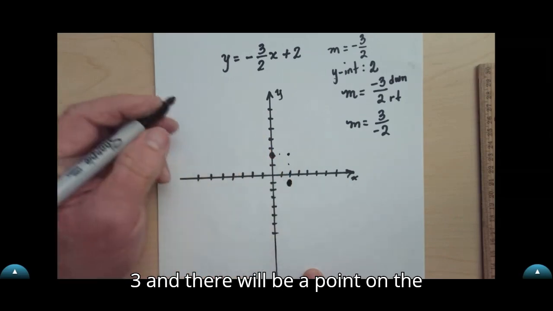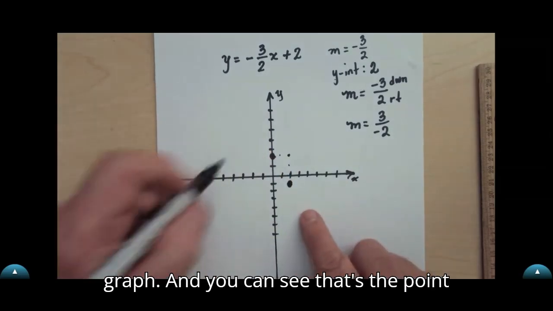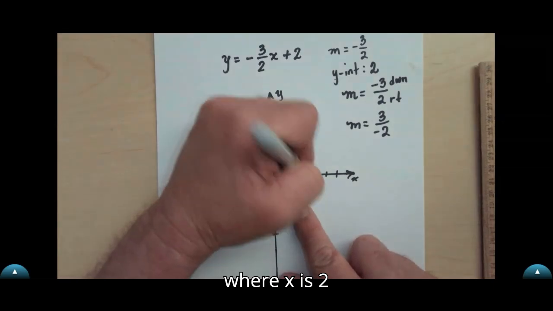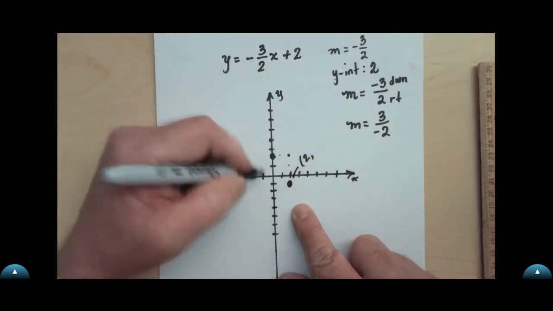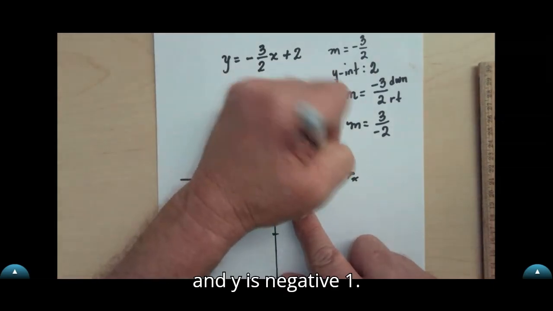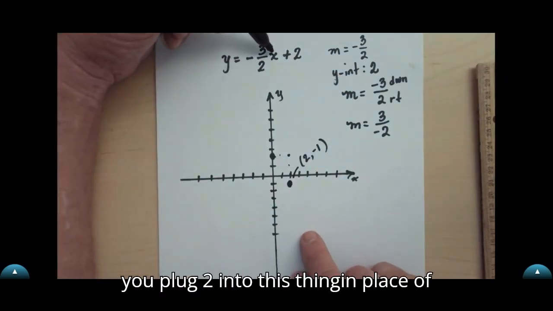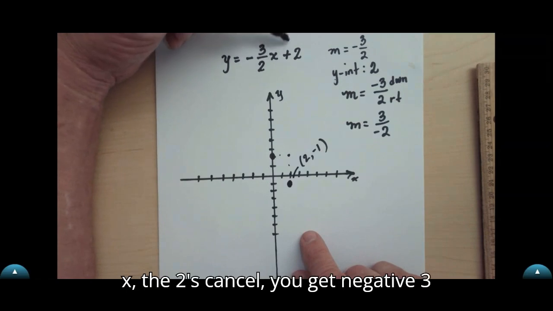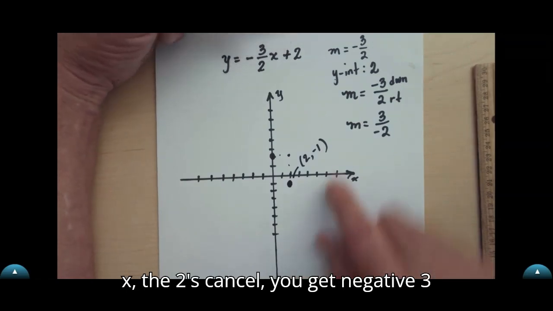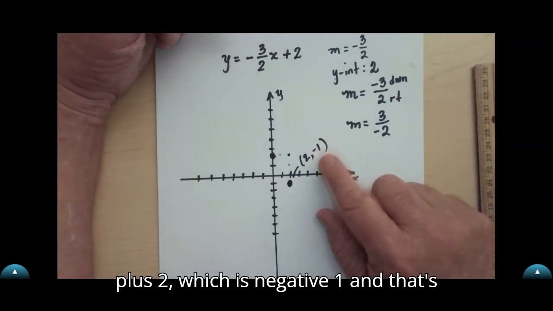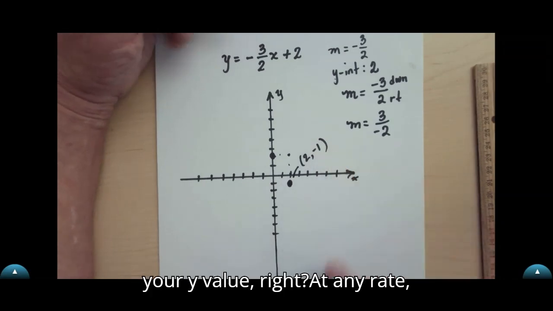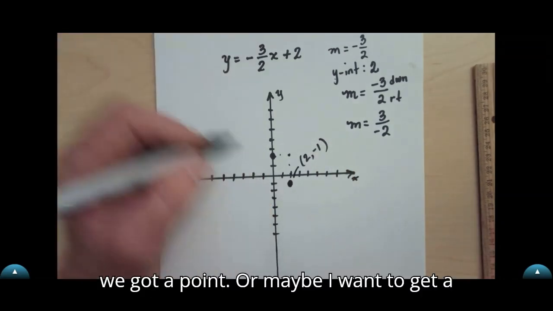And there will be a point on the graph. And you can see that's the point where x is 2 and y is negative 1. And again, you can check that because if you plug 2 into this in place of x, the 2's cancel, you get negative 3 plus 2, which is negative 1, and that's your y value, right? At any rate, we got a point.